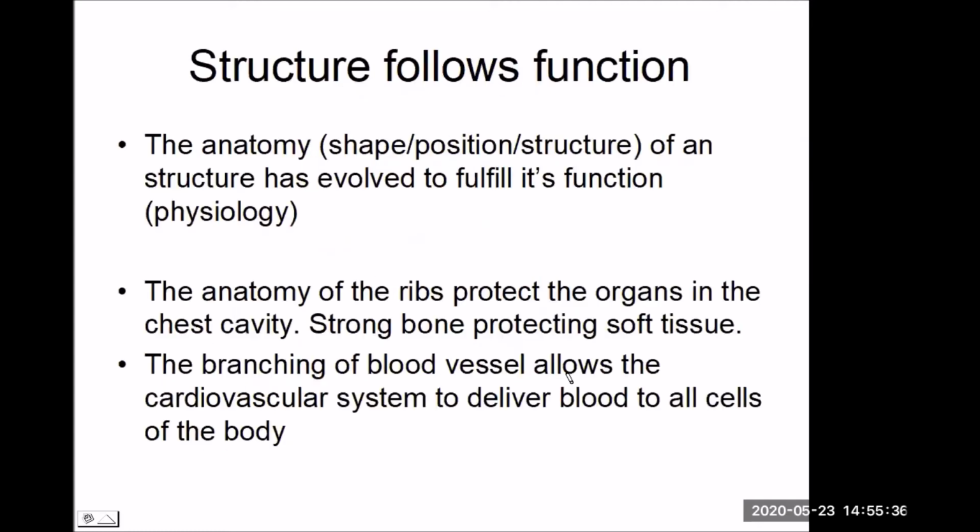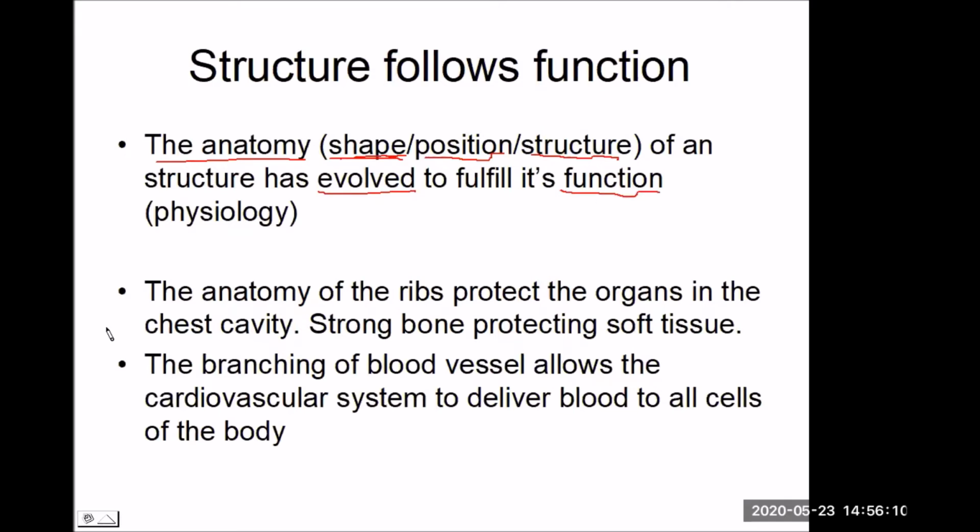So the anatomy of any organ, some structure, and you can think about just the shape of that particular organ, the location within the body, the structure even at the chemical level, so which elements, which molecules make up that structure. Everything about the anatomy has evolved to carry out some physiology, to carry out some purpose.